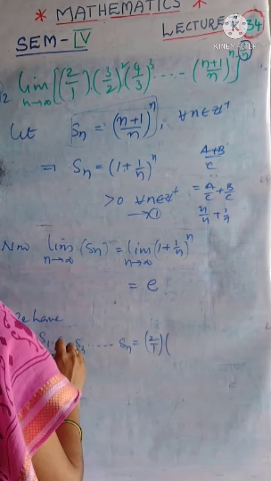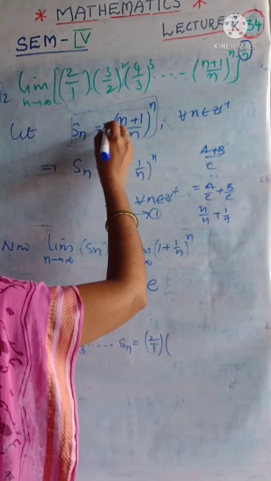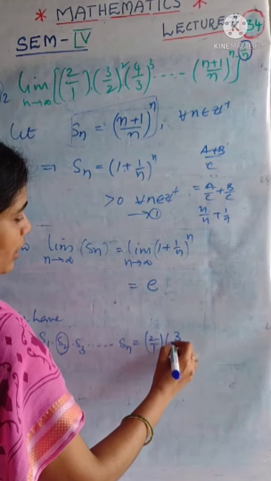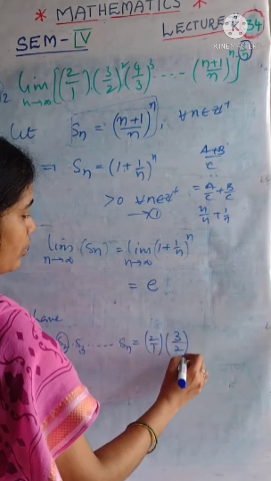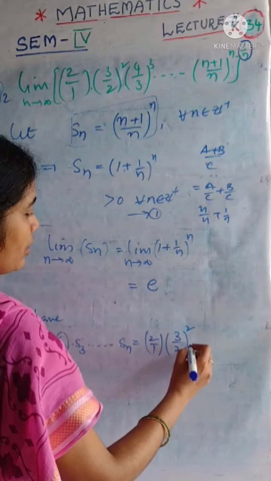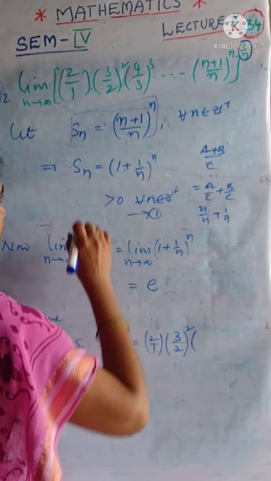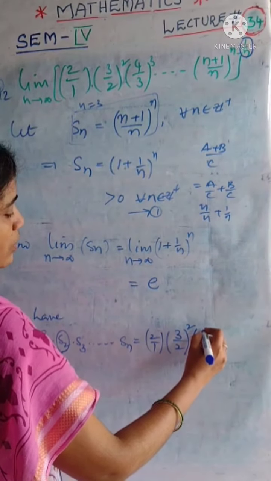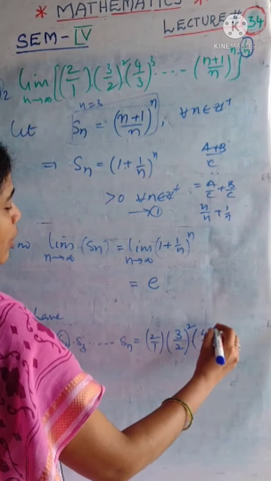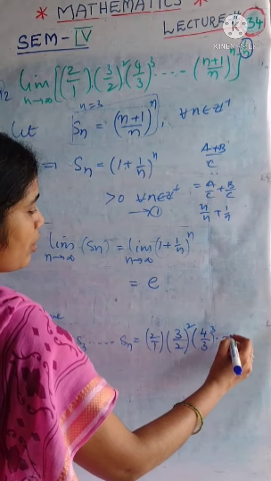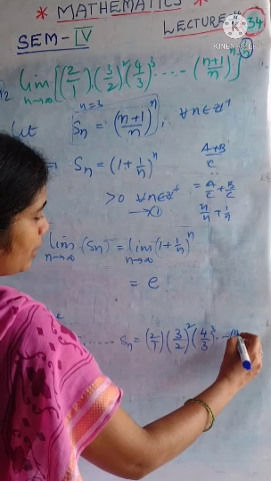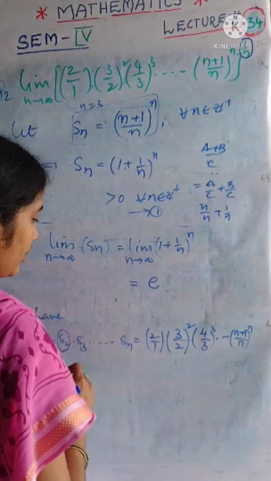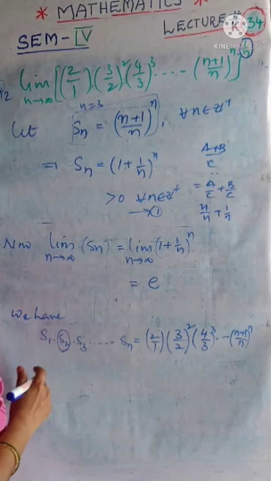For the second term, just replace n by 2: 2 plus 1, that is 3 by 2, whole square, into the third term. The third term is obtained by n equal to 3 in the nth term: 3 plus 1, that is 4 by 3, whole cube, and so on, into the last term. Replacing n by n, we get the value like this. This is the product value.